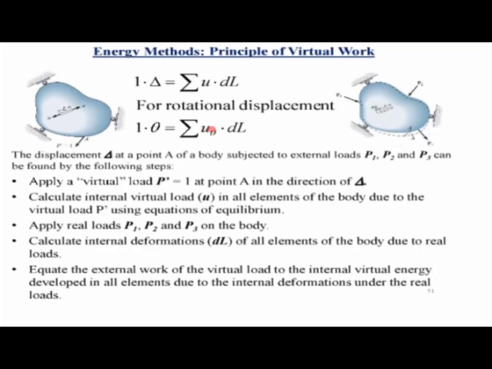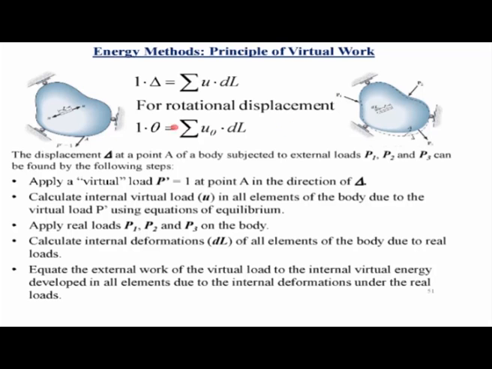So we add the product of the internal virtual load and the deformation due to the external load of all the elements, and that will give us the rotation at that point A. So this is for a general system.